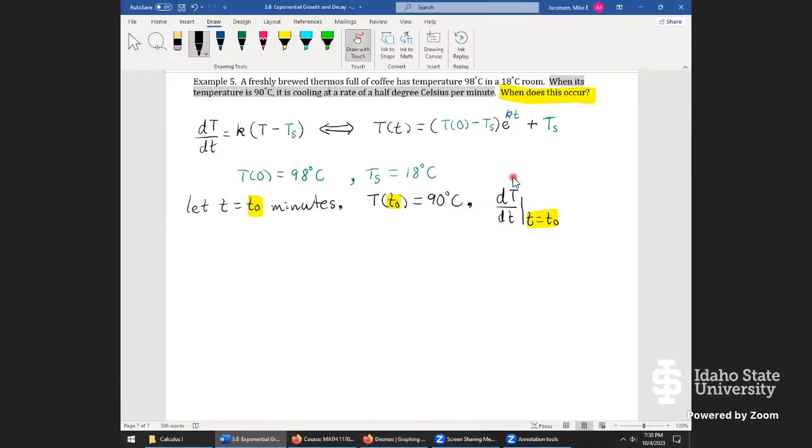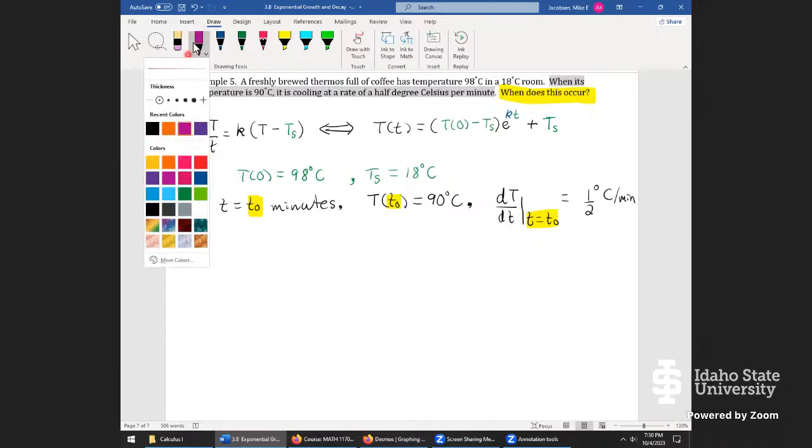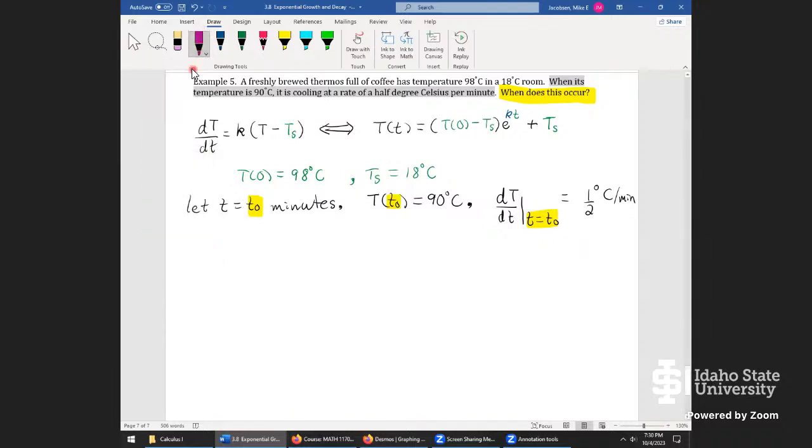What I'm about to write down is wrong, but let me know if you can see where the error is. A half a degree Celsius per minute. The units are actually okay, but there's something missing in this equation. Exactly. There's a negative that's implied here. Super, super easy to miss, especially if you're reading through it really fast.